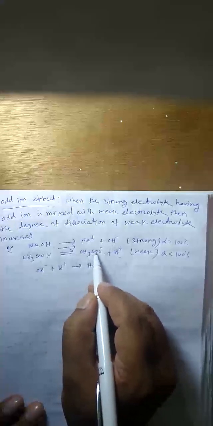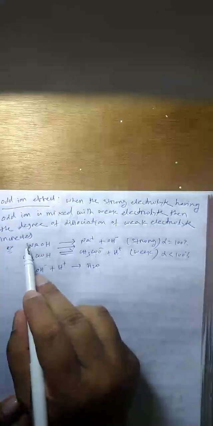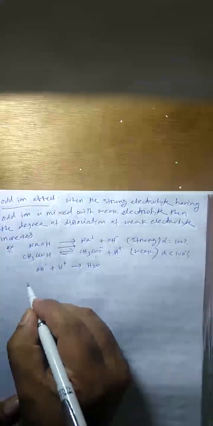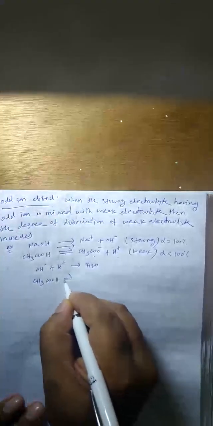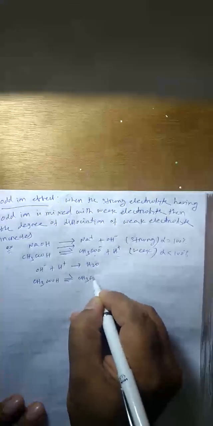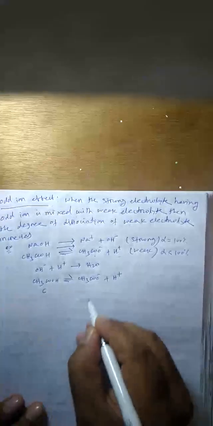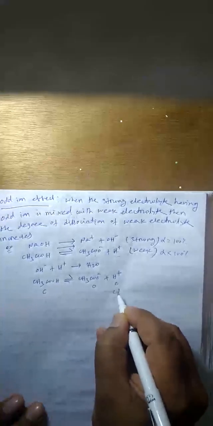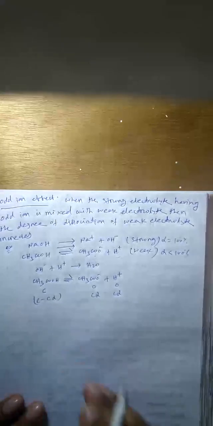As the forward reaction takes place, the concentration of acetate ion gradually increases, so the degree of ionization increases. Suppose I write once again: CH3COOH ⇌ CH3COO⁻ + H⁺. Suppose the initial concentration is C, 0, 0, and the dissociation gives C alpha, C minus C alpha.